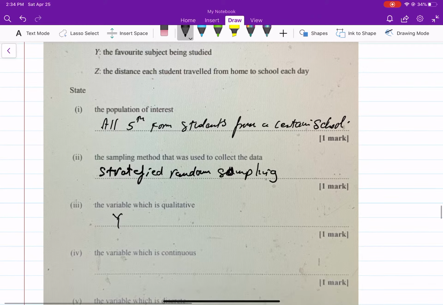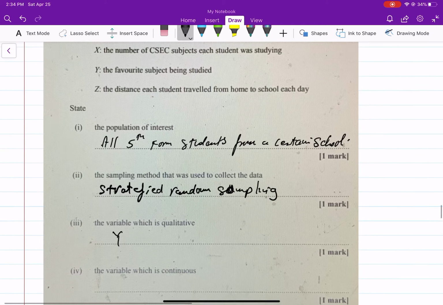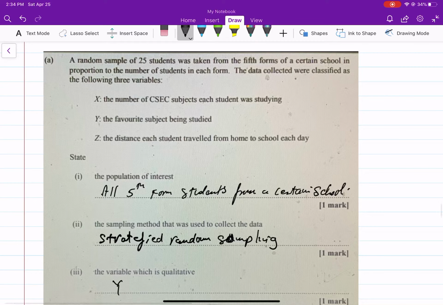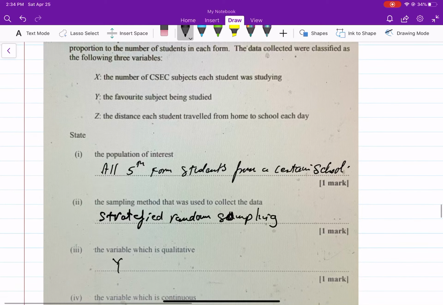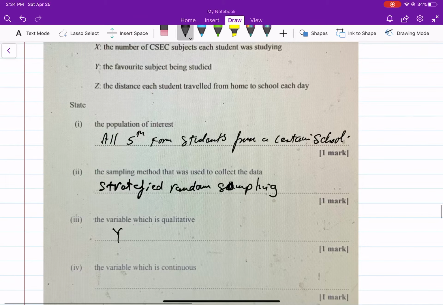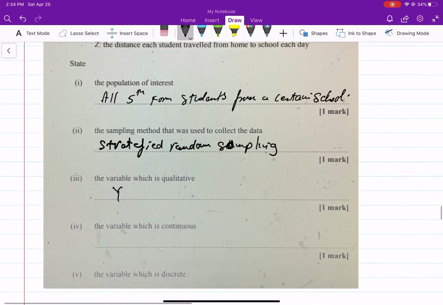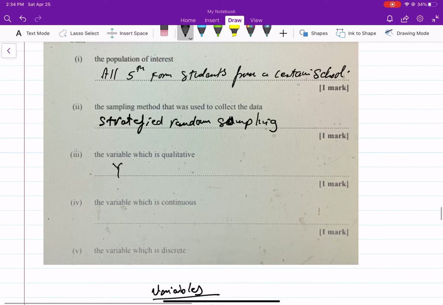So when they're asking for the variable which is continuous, there are two variables that are quantitative, and one would be discrete and one would be continuous. The continuous one would be the distance each student has to travel from home to school each day. So that would be Z. Right? 12.5 miles, or 2.63 miles, or whatever the case is.